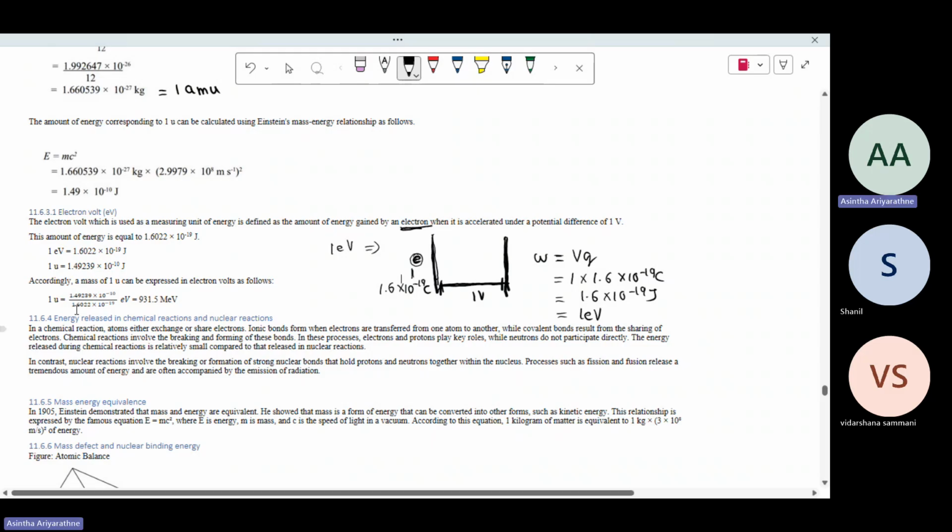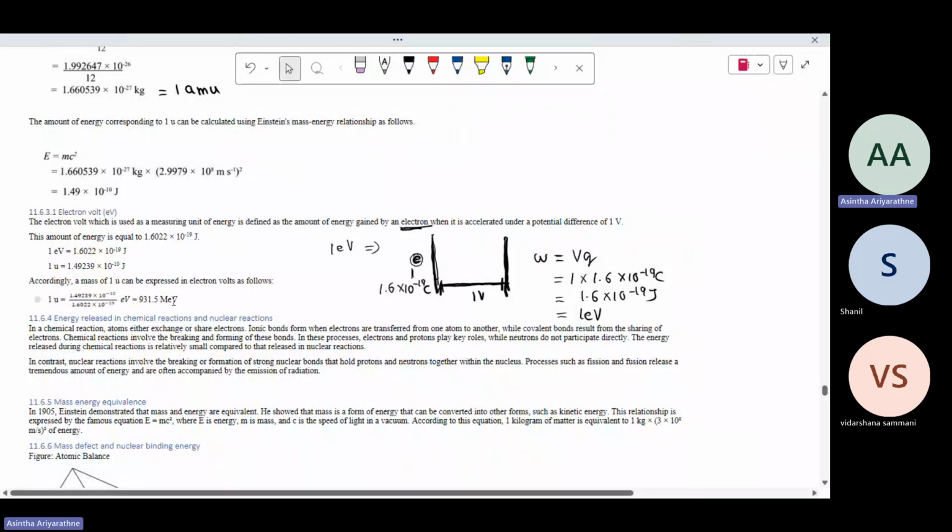According to the atomic mass unit, the energy corresponding to one atomic mass unit is 931.5 mega electron volt.